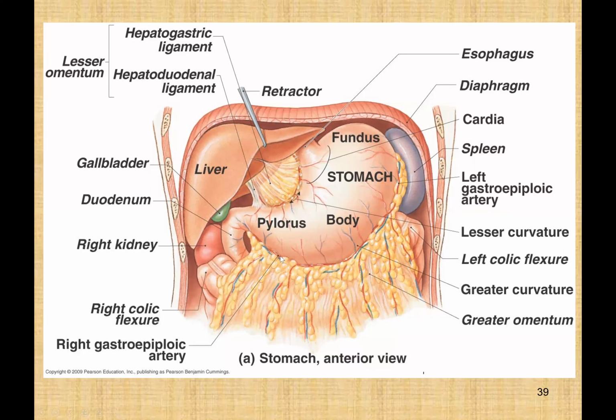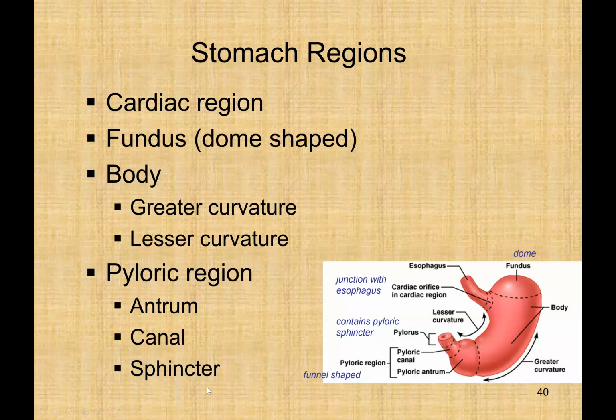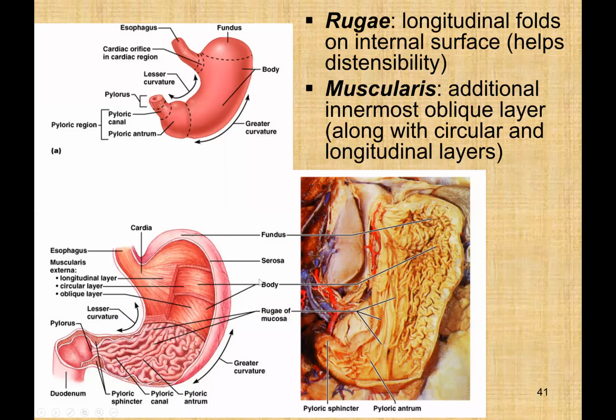And then the greater omentum is connecting the greater curvature to the anterior body wall. Along the greater curvature, we can look at the right gastroepiploic arteries, which will supply the greater omental bursa. I've already spoken about this, so I'm not going to talk more about it.